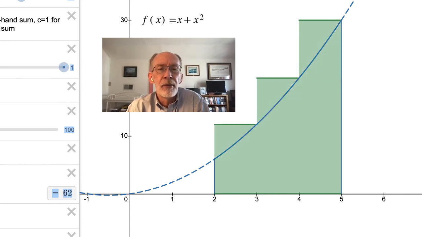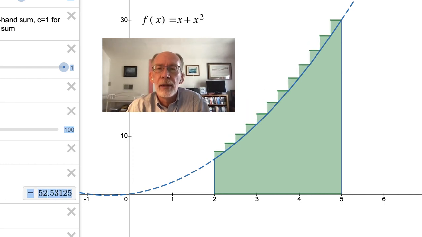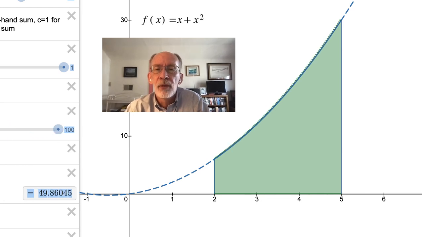So here is the right Riemann sum. That's about 62. And I'm going to go ahead and do what we just did a moment ago, which is to increase the number of subintervals, but this time using right endpoints. And as you can see, this works its way down to something in the neighborhood of about 50 or so.